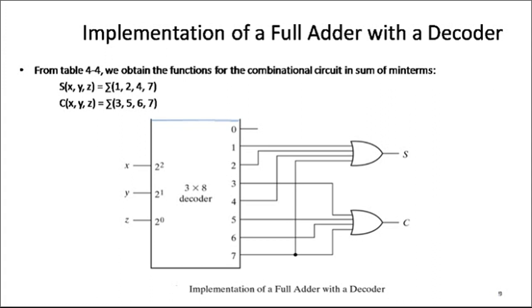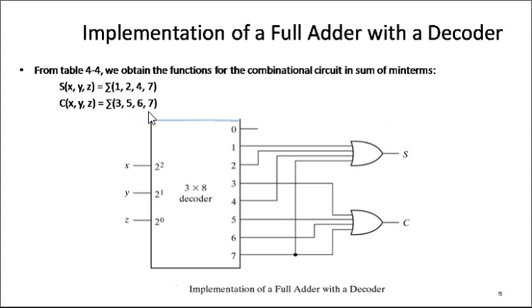If you recall the full adder circuit, the sum of x, y, z contains the minterms 1, 2, 4, 7, meaning these 4 locations have the output 1. Similarly, for carry C of x, y, z, the minterms are 3, 5, 6, 7. These 4 ones exist, and their decimal equivalents are 3, 5, 6, 7.